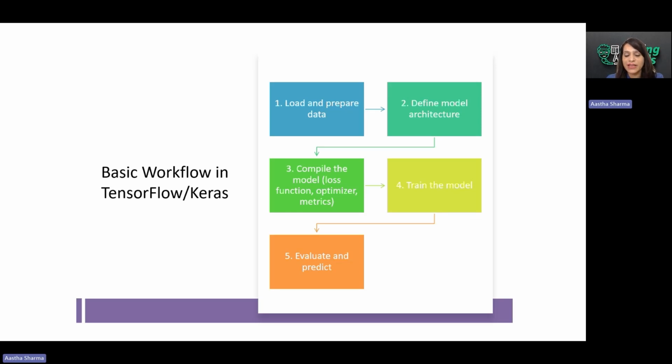As in the previous class, we discussed that Adam is an optimizer which you are going to use everywhere, and that is the simplest one. Furthermore, you are going to train the model, and at the end, you are going to evaluate and predict. All these 5 steps, which we usually follow when we are creating our machine learning model, similarly you are going to do over here as well.